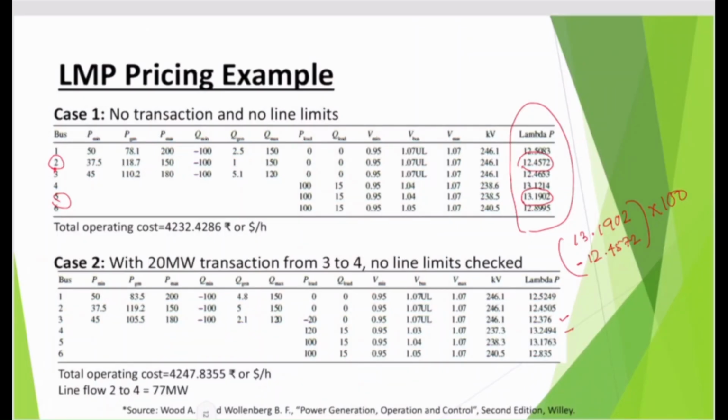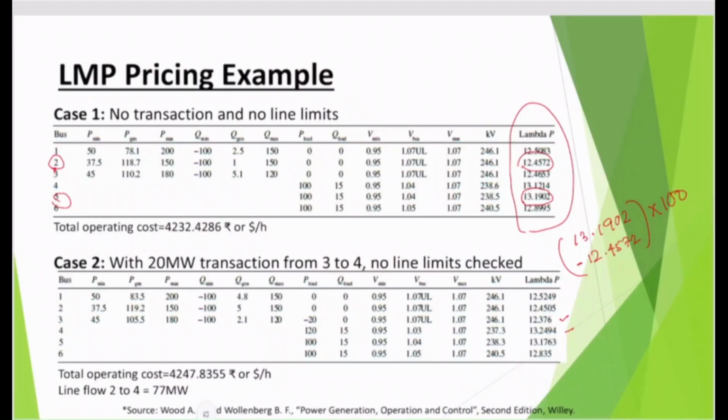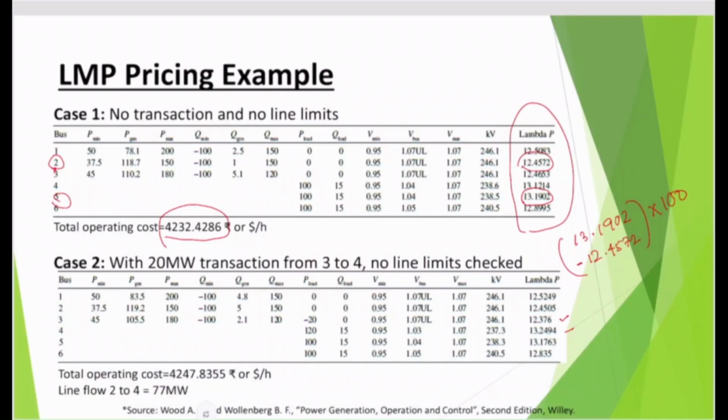Now one interesting phenomenon: without any transaction, you have to meet your loads. So when you meet your load, you have to run your generators based on your economic dispatch with load flow. And when you do that, you will obtain the operating cost, which is 4232 rupees or dollars per hour. That is the cost of running the system without any transaction. Now when you carry out the 20 megawatt transaction, the cost has increased to 4247.